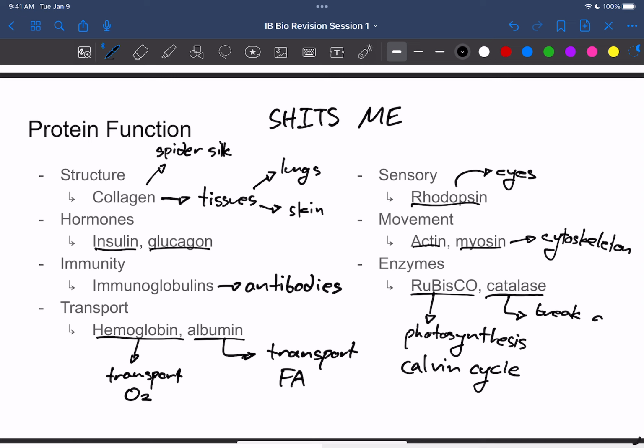An example is to break down H2O2. So when you put hydrogen peroxide on a cut or something, you have catalase in your skin to break it down so it doesn't hurt your cells. So yeah, these are all of the different kinds of functions that you have to know that proteins do, and the mnemonic is SHITS ME. They could have picked a better order, I think, but whatever.